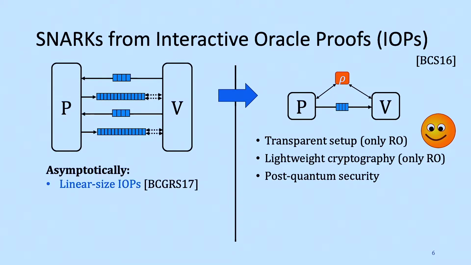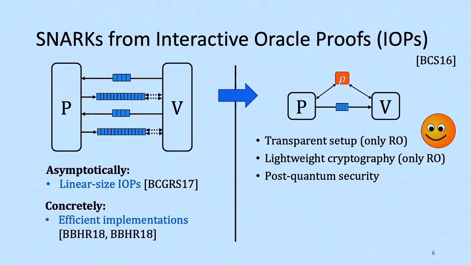OK, what are the nice things about this? Well, in terms of asymptotics, we can do better in this model than we know how to do with PCPs. So we can get truly linear size IOPs. This is for circuit SAT. Concretely, we have these efficient implementations.